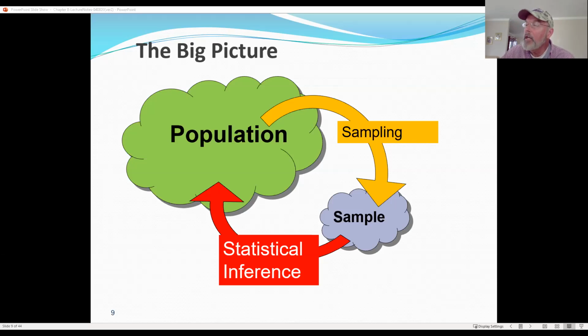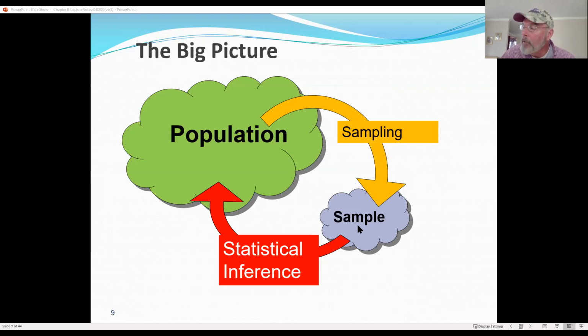And you can sort of see that a population is sampled, and that process, sampling, is very, very important to this sample, and we want that sample to be random. We don't want a biased sample. We want a random sample.